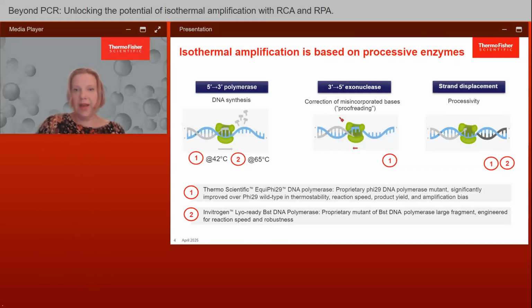This means that it can correct errors introduced in the sequence, and the product has the same sequence as the original sample.